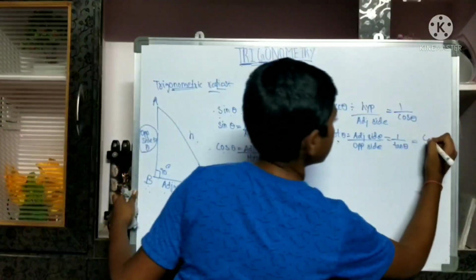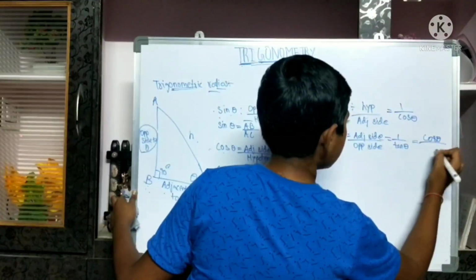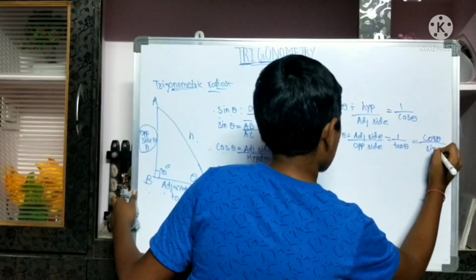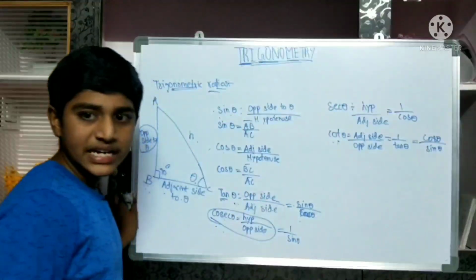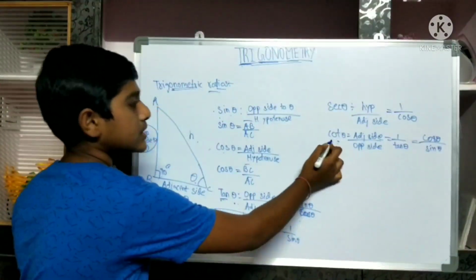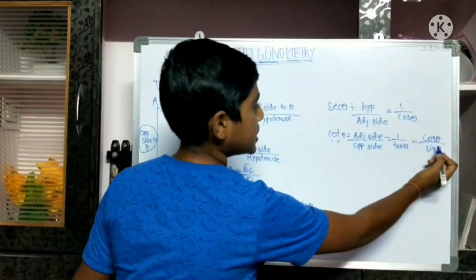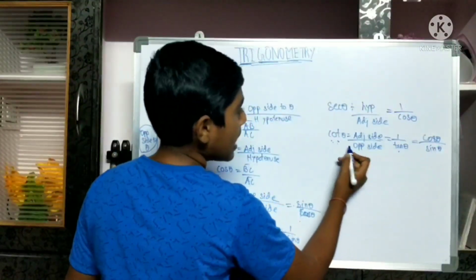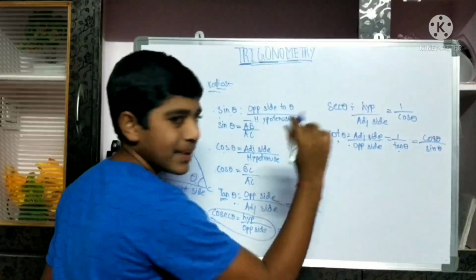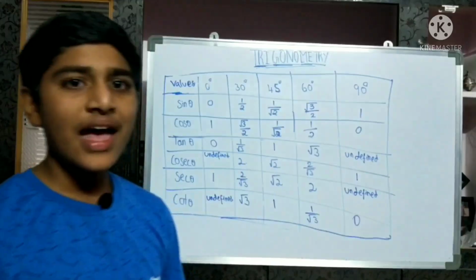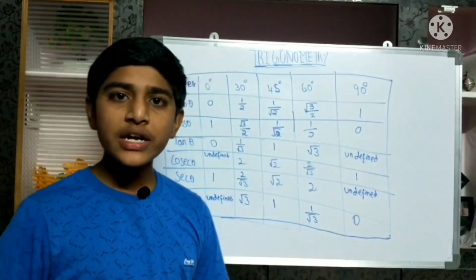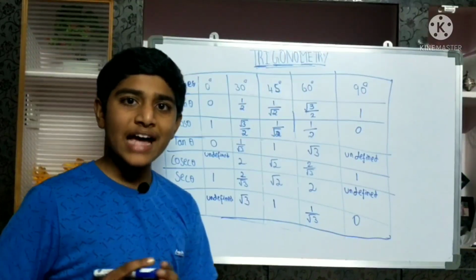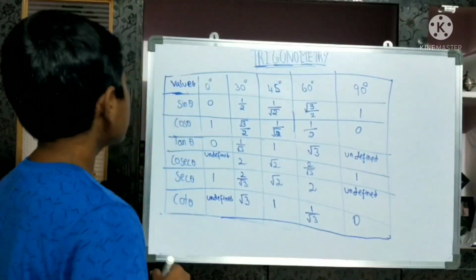That means it will be equal to cos theta by sin theta. Cot theta will be equal to cos theta by sin theta, and it is also equal to 1 by tan theta, and it is equal to adjacent side by opposite side.